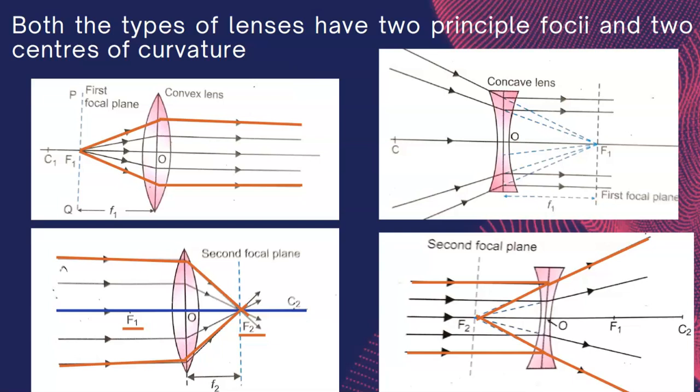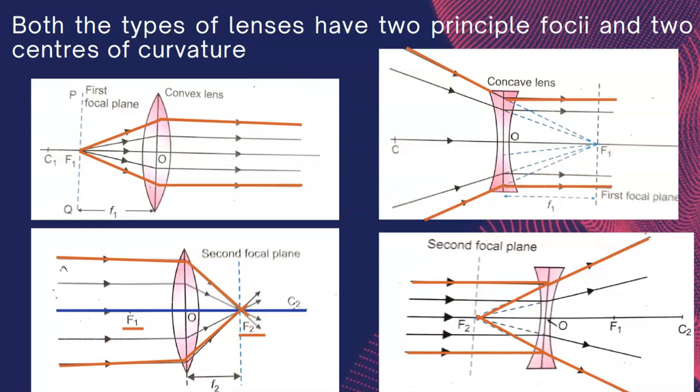We should remember that concave lens is a diverging lens and hence it produces a virtual image. Conversely, the diagram on the top for the concave lens. If diverging rays are coming from infinity, after refraction through the concave lens, they will go parallel to the principal axis.